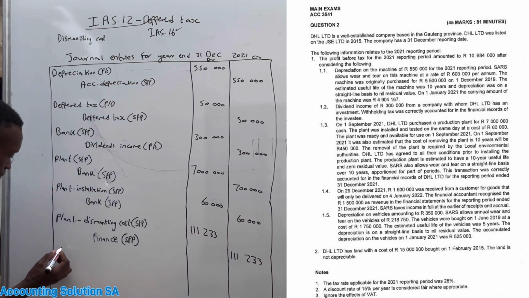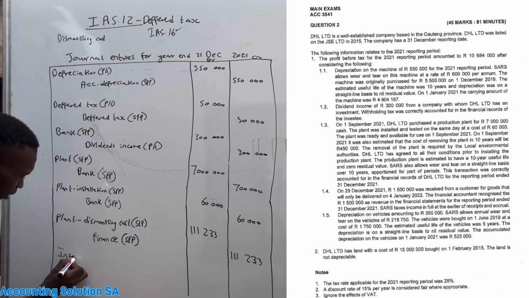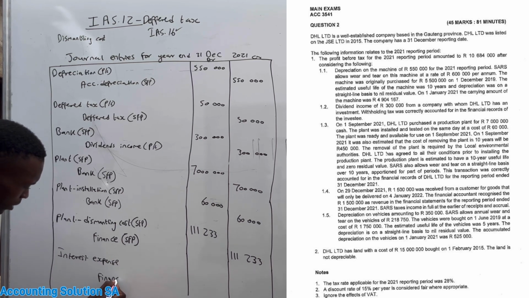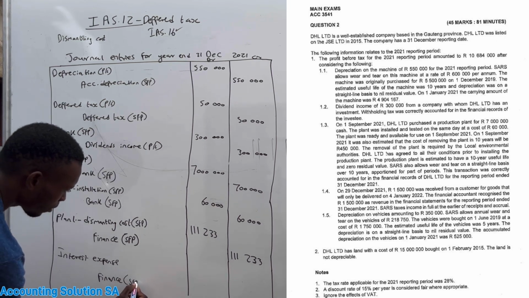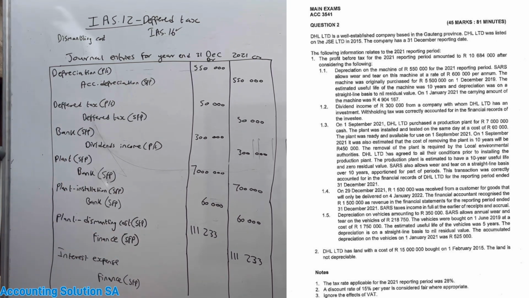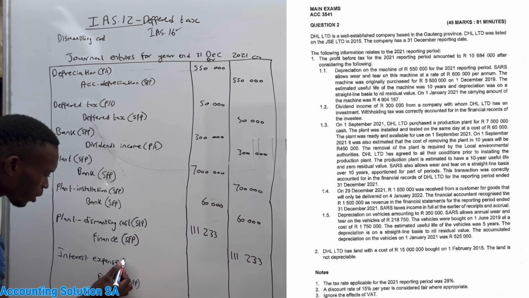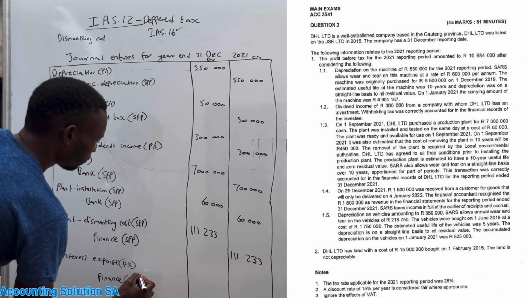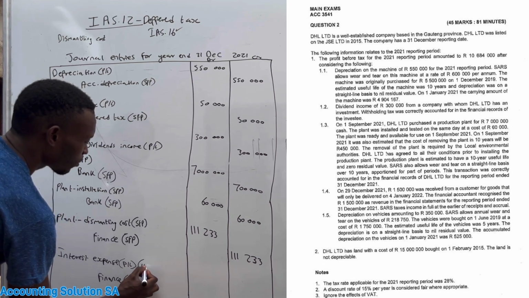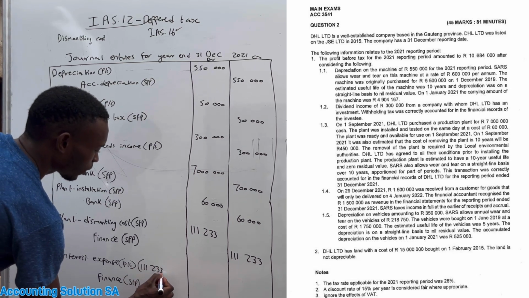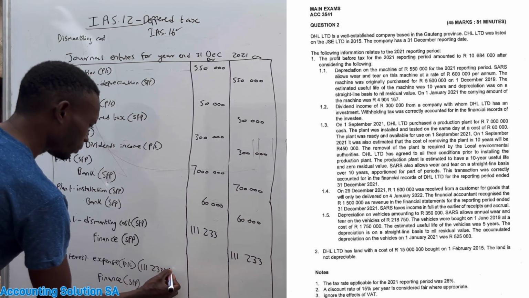You are going to say interest expense. You can indicate that it's finance, SFP. Finance simply means that we have what? A liability increase. Okay, then how are we going to calculate it? We're going to say 111,233 multiplied by 15%.